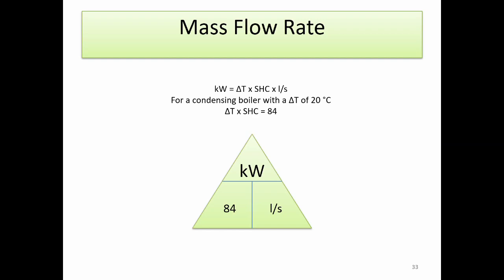It's 4.2 times 20. So a boiler of 42 kilowatts output would need a flow rate of 42 divided by 84, which is 0.5 litres per second.